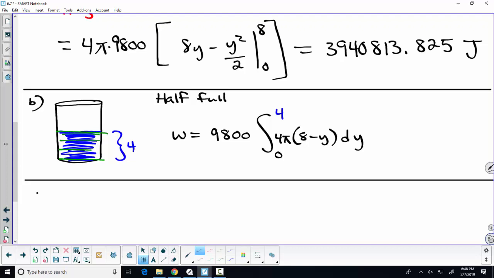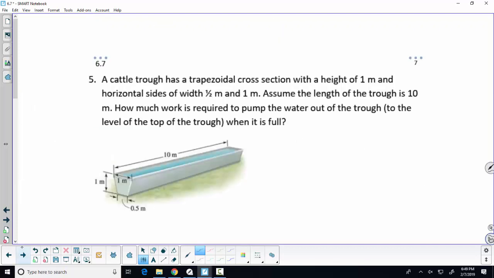Maybe we'll call that part B. I know it didn't ask, but how about if the tank is full? But we only want to pump out half of the water.